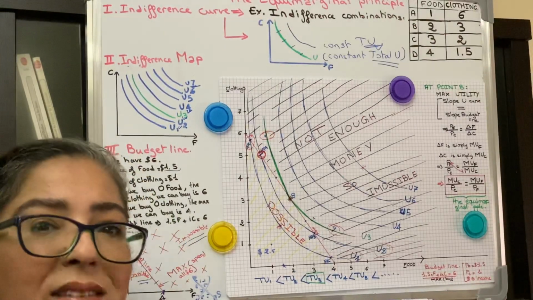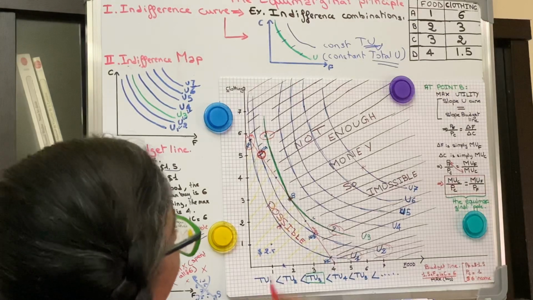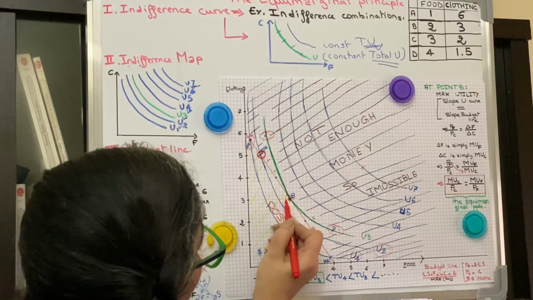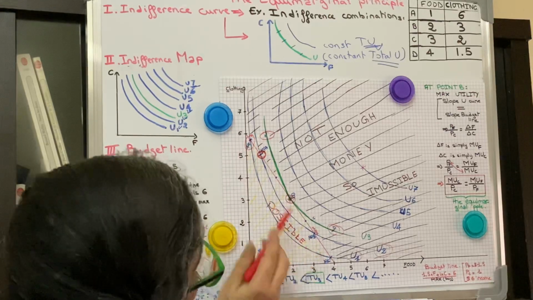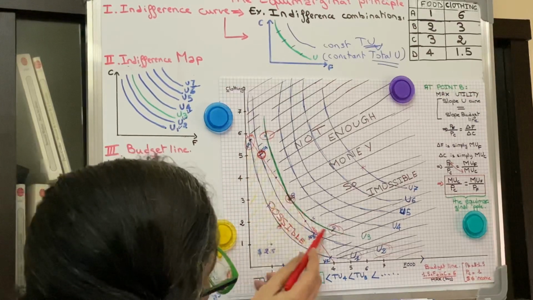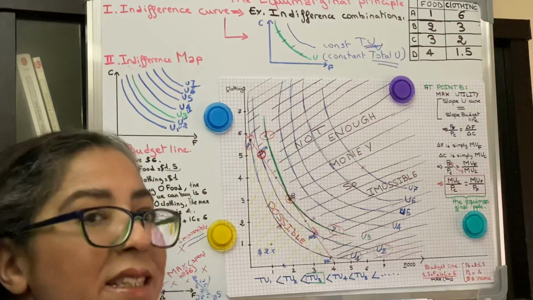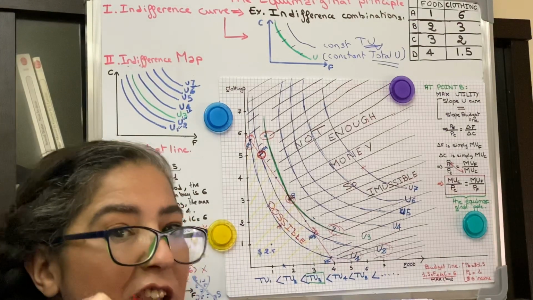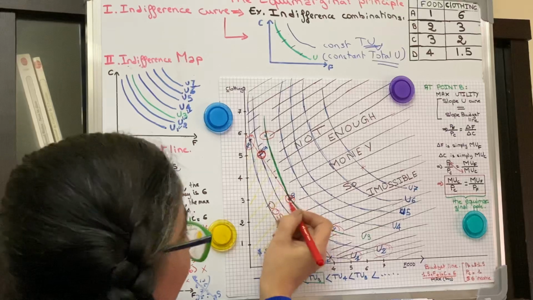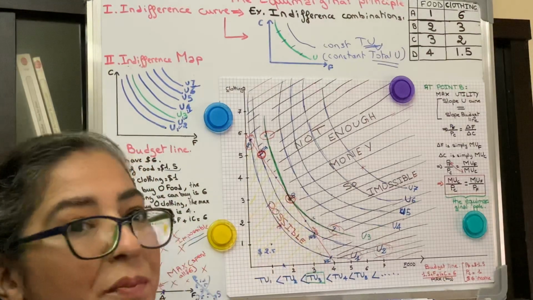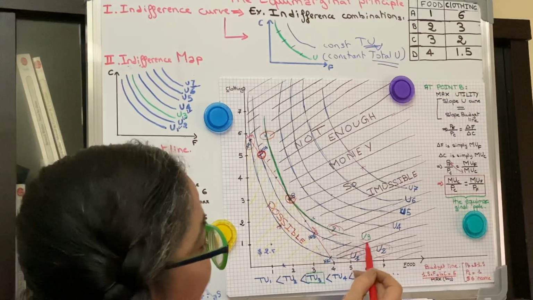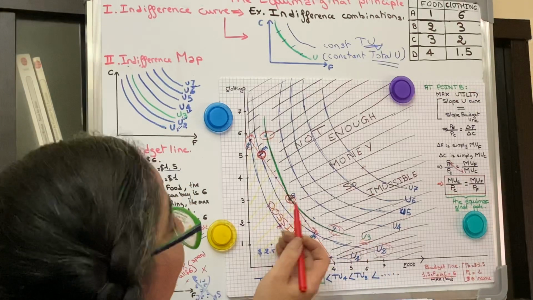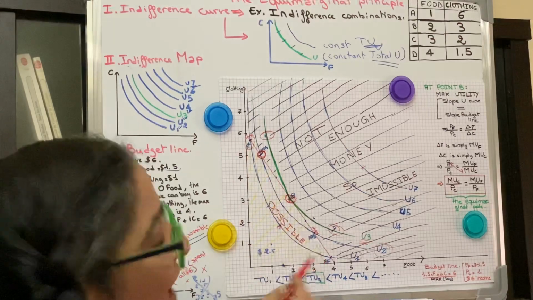But is it the maximum? No. The maximum here is the point B, where the line is tangent to the curve. They're not really intersecting, they're touching only at one point, and that's point B. At point B, you have the highest utility you can achieve with the money you have, which is $6.